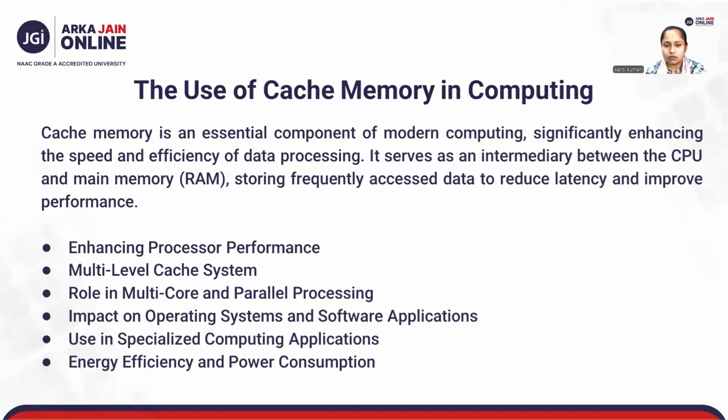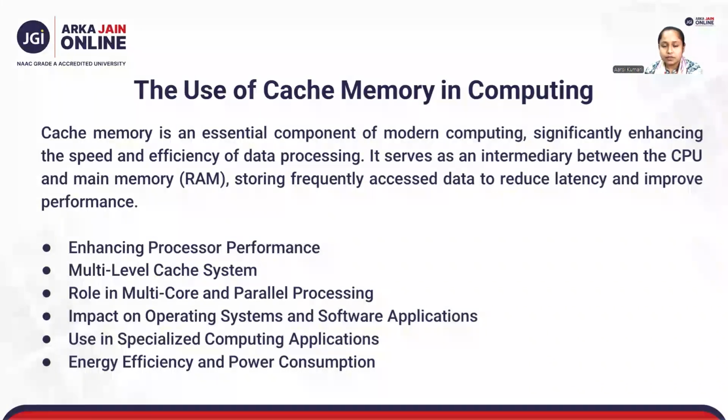enhancing processor performance. One of the primary uses of cache memory is to enhance processor performance. CPUs operate at extremely high speed, whereas traditionally RAM is relatively slower. By keeping frequently used data close to the processor, cache memory minimizes the time taken to access information, thereby reducing memory latency.